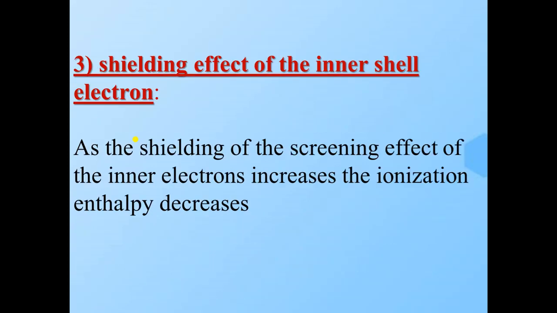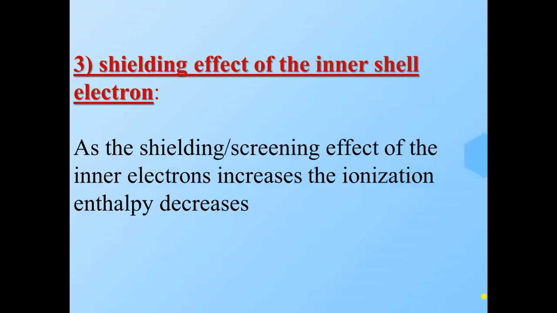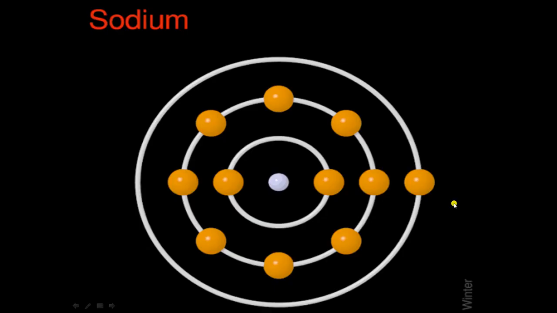Now the third factor is the shielding effect of the inner shell electrons. As the shielding of the inner electrons increases, the ionization enthalpy decreases. Here, these electrons which are present between the nucleus and the outermost electron act like a shield or screen.